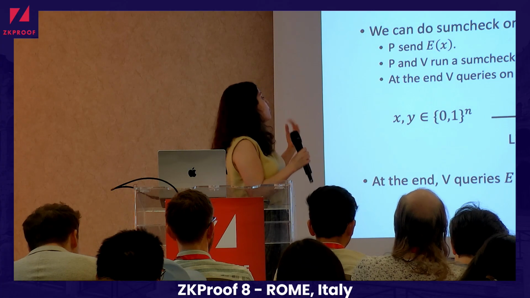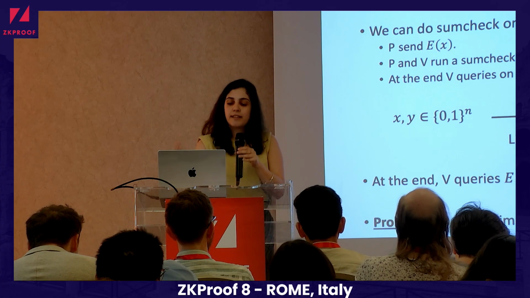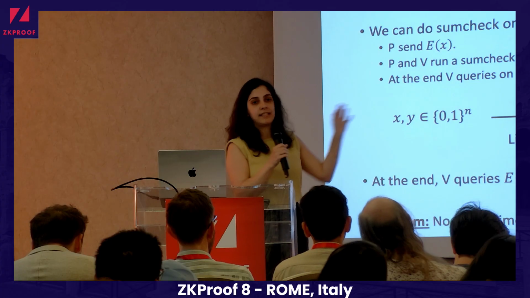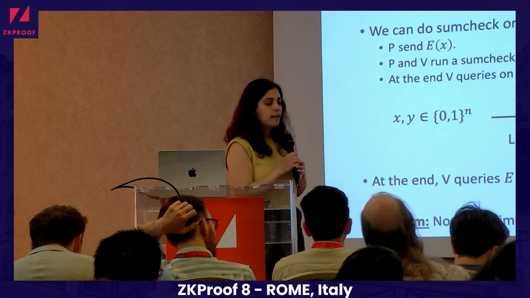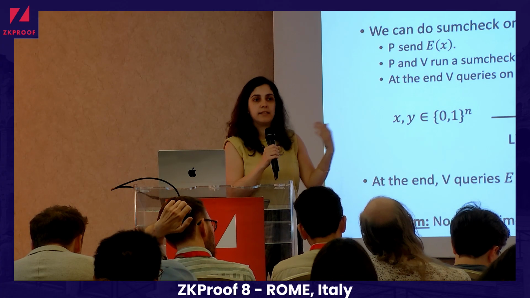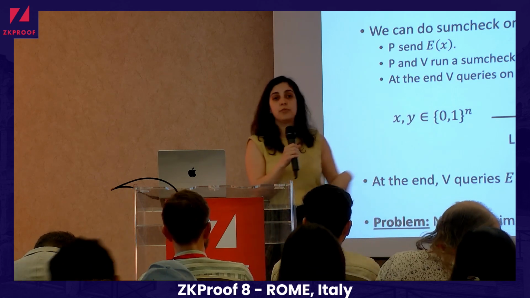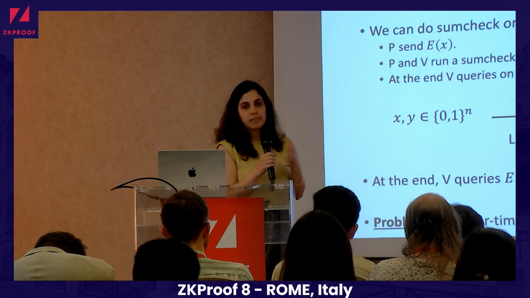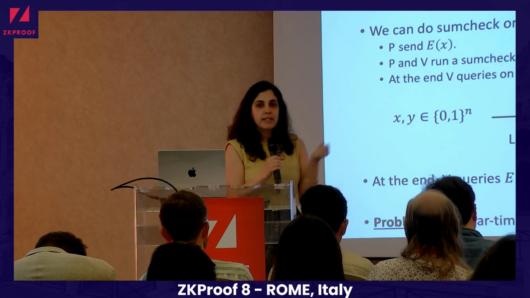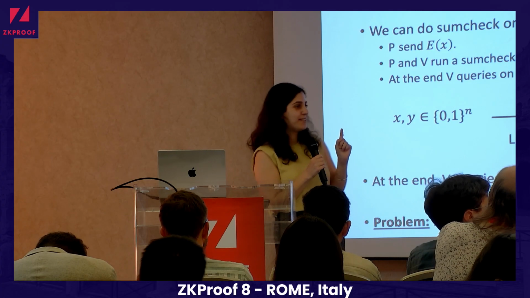And we don't know of any linear time encodable code that has this nice property. So if we had such a code, where we can just multiply the two code words and then run some check on them, then everything would be nice, but we don't. Does this answer your question?